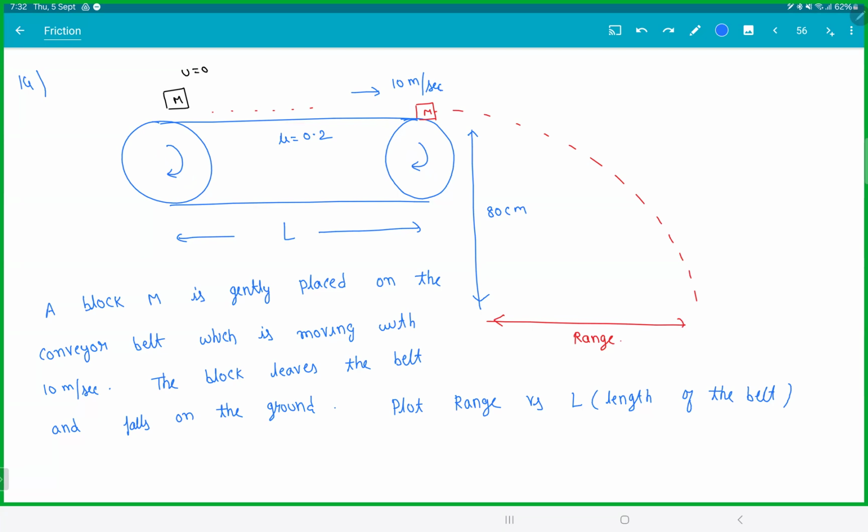Find the range as a function of length of the conveyor belt. And so the longer the belt, the more you'll travel, more speed you get, so more range you'll get. Something like that.